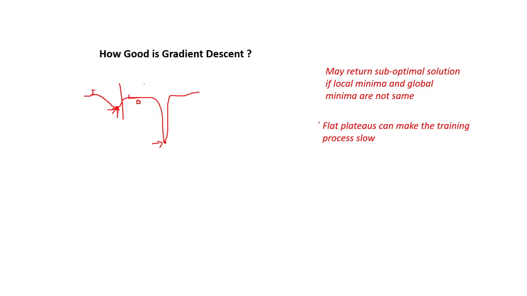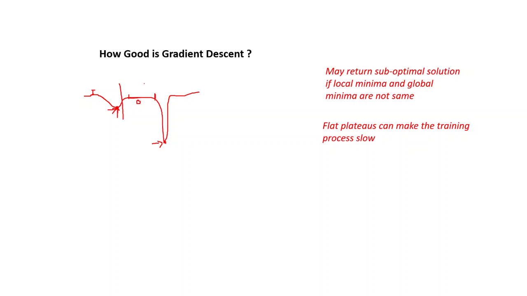Anyways, an error surface like this is going to make the training process very slow. Now say your search starts from this point that is very close to the global minima. At this point, the value of gradient is pretty high, and say your learning rate is also on the higher side.